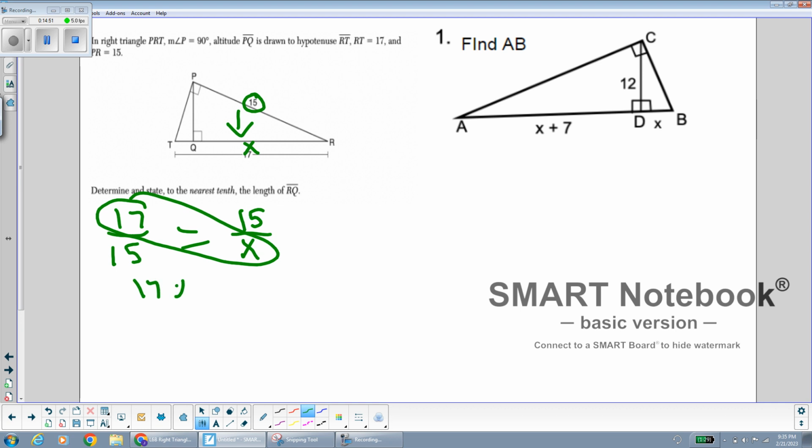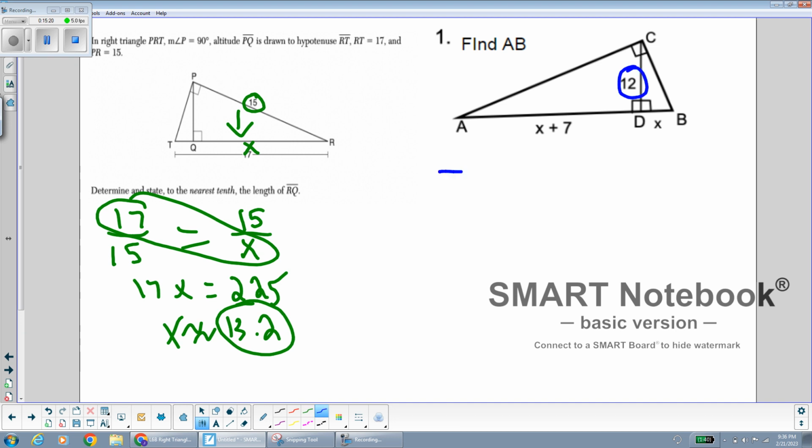So here I have 17x is equal to 225. I'm going to divide that by 17, and I got that x is approximately 13.2 because it does say to round to the nearest tenth. RQ is approximately 13.2.